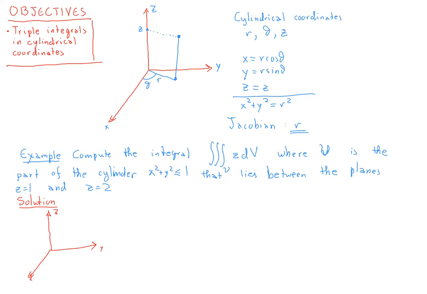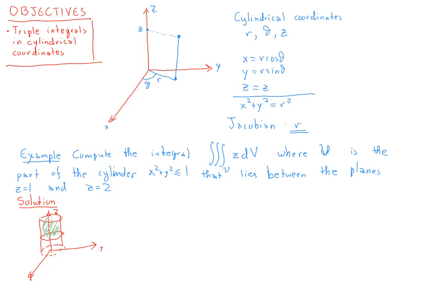So what I'm saying is that you have this cylinder that has radius 1 and it's centered around the z-axis, and you're taking the portion of it that goes from height 1 to height 2. So this is, if you like, your region right here.